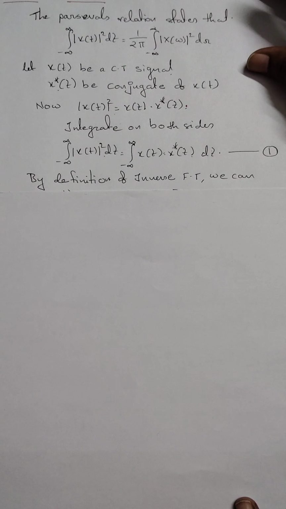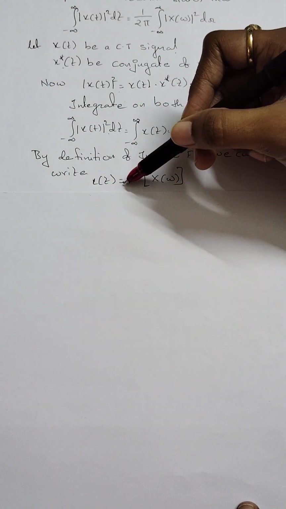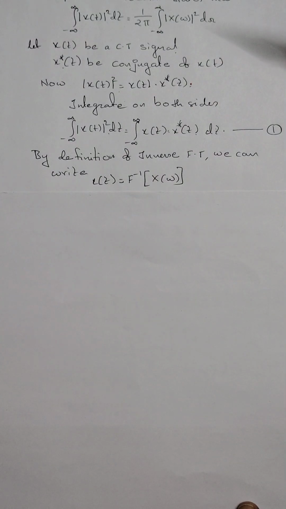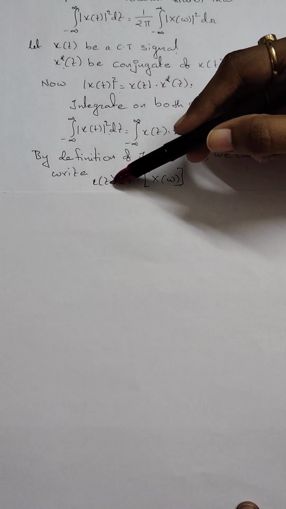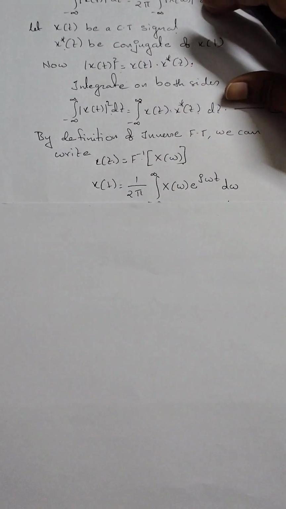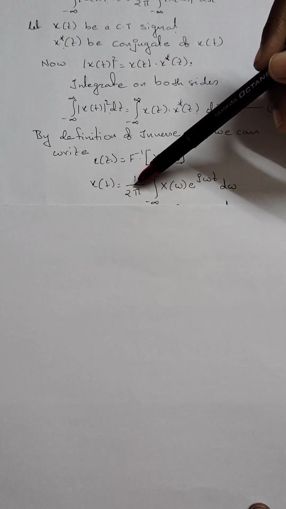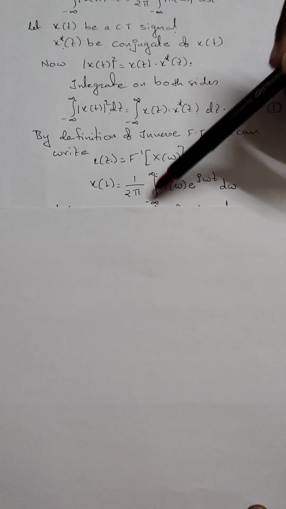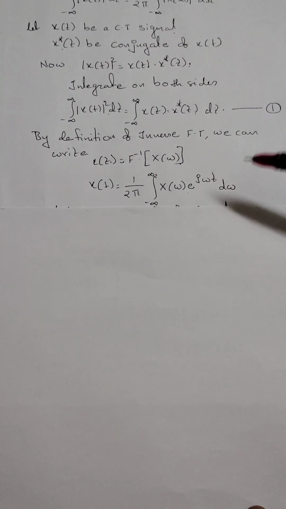Now we already know the definition of the inverse Fourier transform, right? If we apply the inverse Fourier transform to X(ω), we get the x(t) signal. Now write down the formula for the inverse Fourier transform. That is x(t) is equal to 1/2π integration from minus infinity to infinity, where these limits are for ω, of X(ω) e^(jωt) dω.